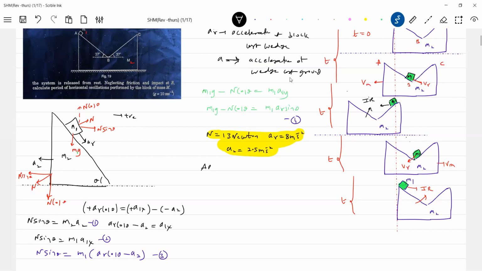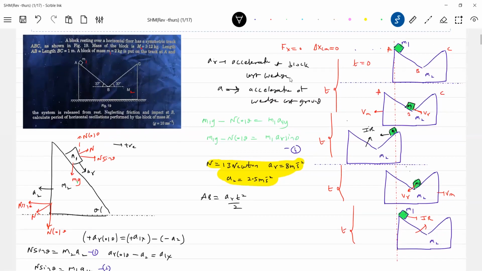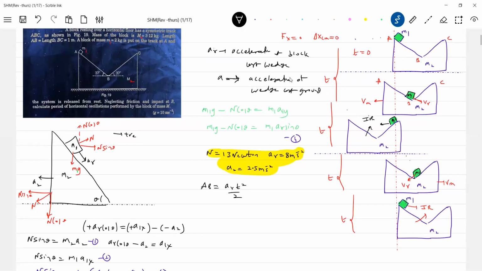AB is equal to, what is the length AB? AB is equal to 1 meter. 0.5 seconds. So total time period will be 40.